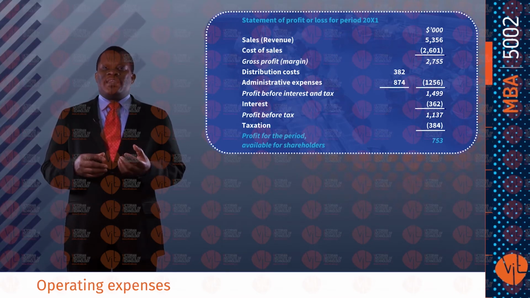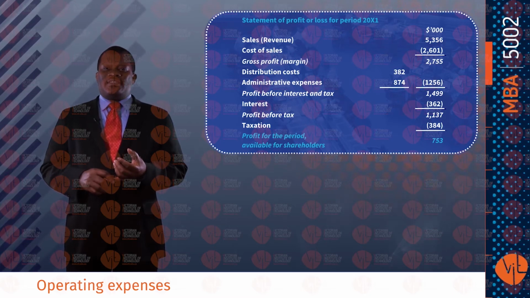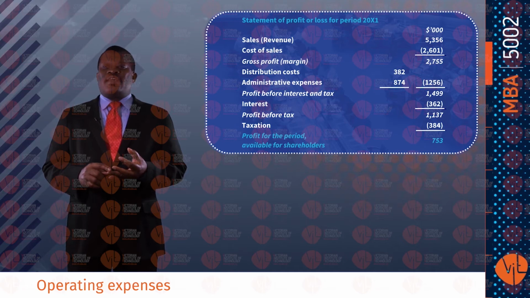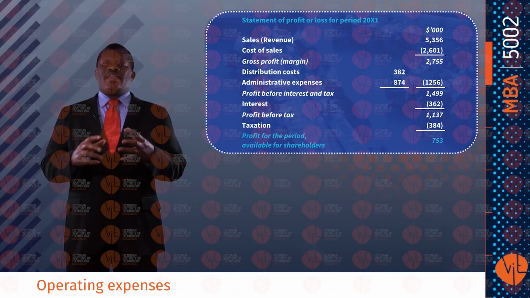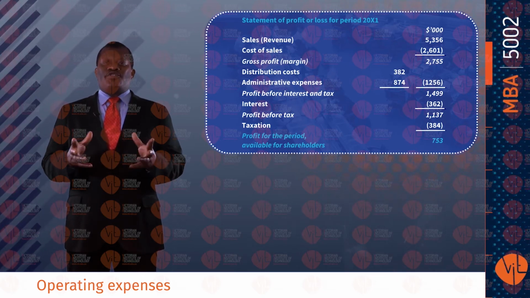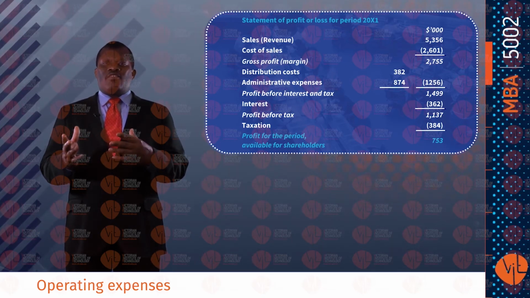What happens here is that salaries under administration and other costs, whether depreciation or whatever, if they come under administration, all of them are put together under administration. Distribution, that is selling costs.